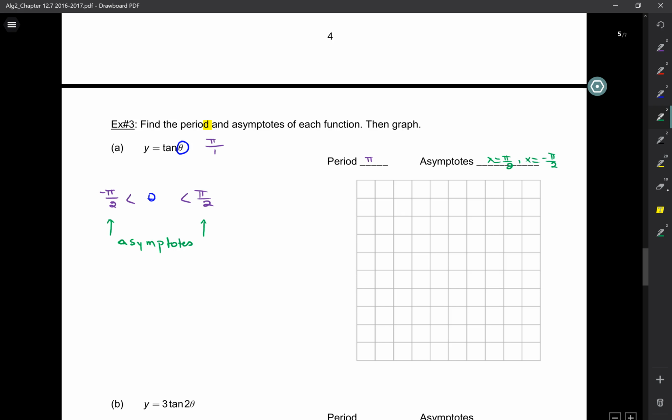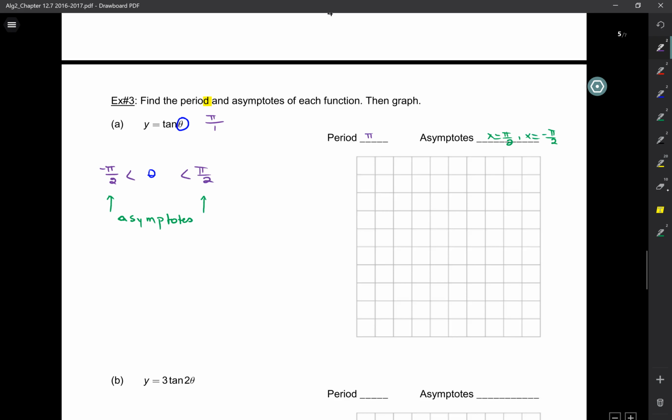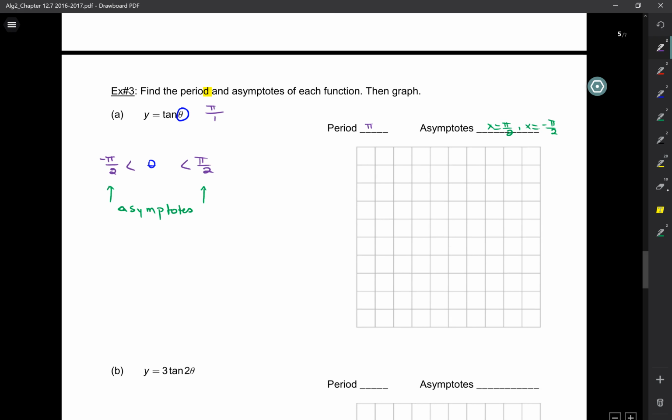Okay, what was your question? All right, so now, when we solve that inequality, we get 2 things out of it. One is the asymptotes. It also gives us the start and end point of the cycle, of the period.